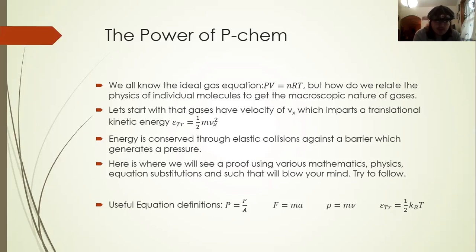Now, we need to remember that energy is conserved through elastic collisions against a barrier. And these collisions will generate the pressure. Why? Because pressure is specifically defined as force over area. So we're going to use some math and some terms to get this in one direction.